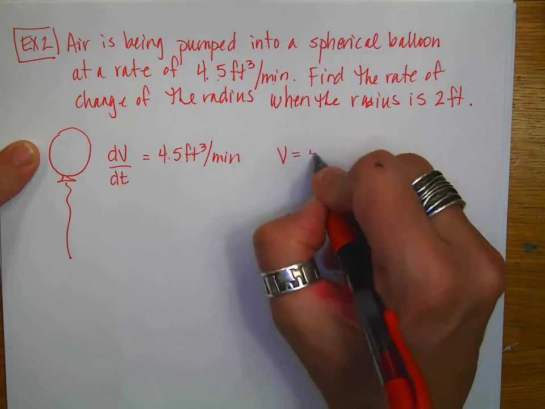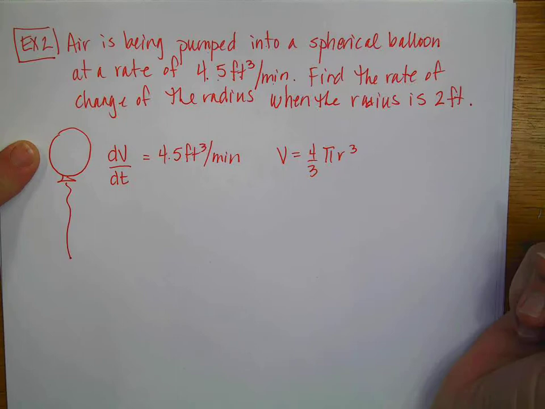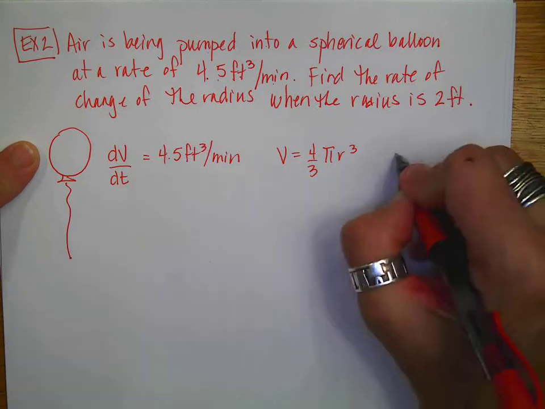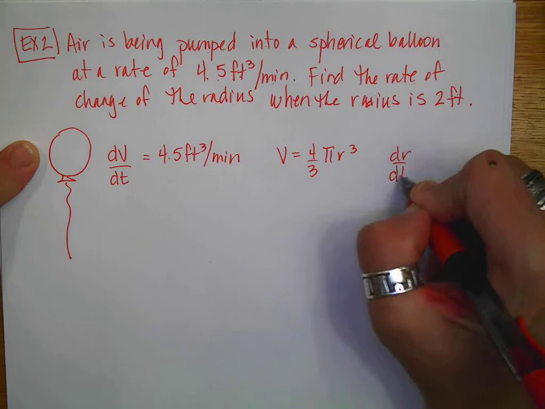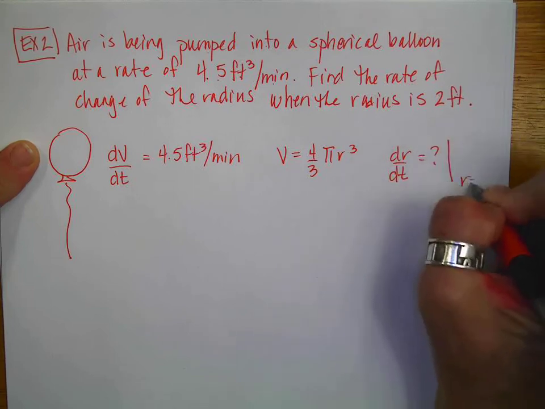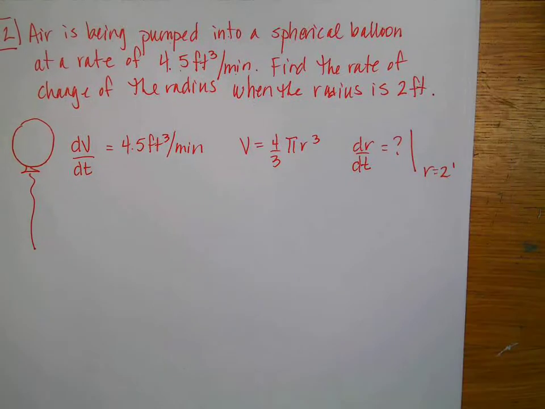The volume equation for a sphere is V is equal to 4/3 pi r cubed. Again, that's one of those formulas that you're just expected to know. And I want to know what dr dt is when my radius is 2 feet.